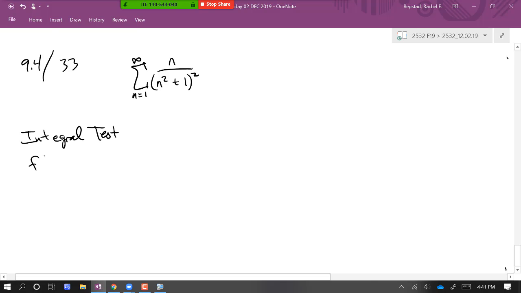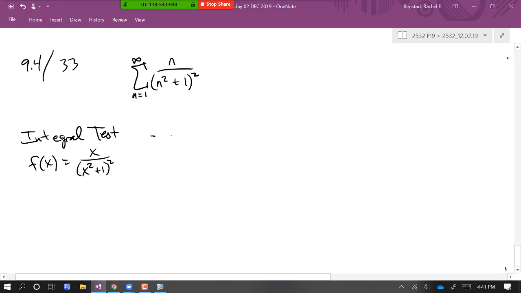So you're saying let f of x equal x over x squared plus 1 squared. It is continuous. It is definitely positive if x is at least 1. And it looks like it's decreasing because I've got linear growth on top and a quartic, degree 4 polynomial on the bottom.